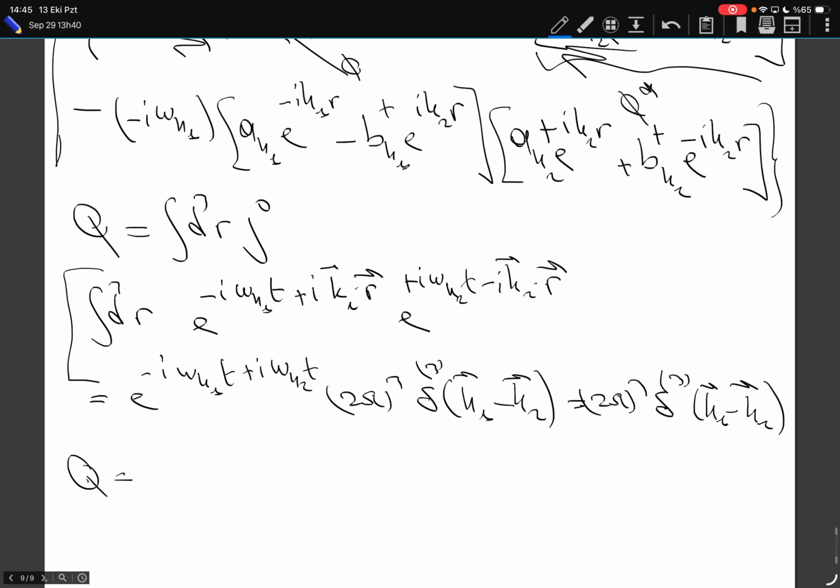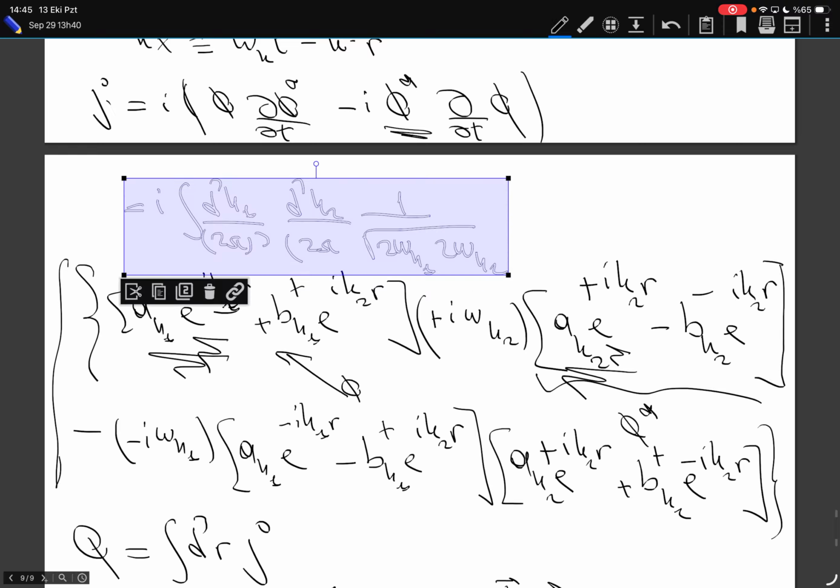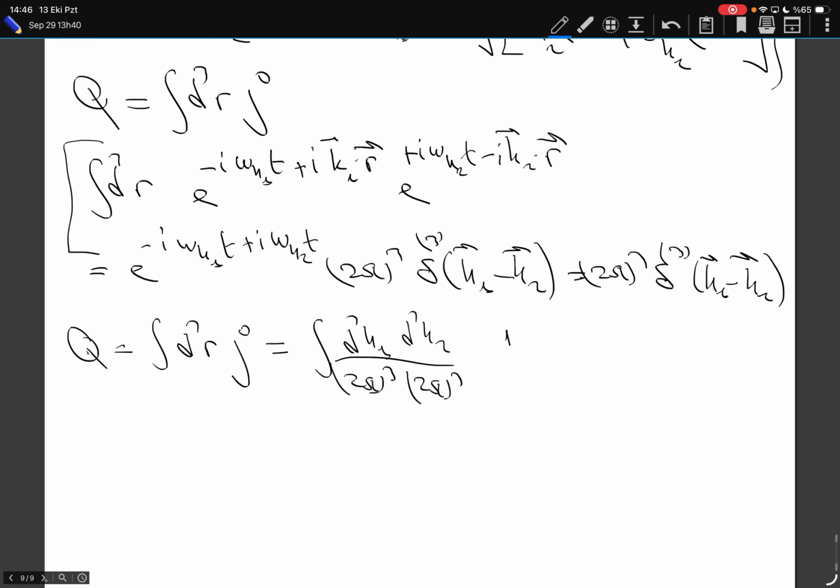Q will be equal to d cubed R, J0, which will be, well, I have i times all these terms. d cubed k1, d cubed k2, divided by 2 pi cubed from k1, 2 pi cubed from k2, and then I have 1 over twice omega k1, twice omega k2, raised to the power 1/2, the square root.